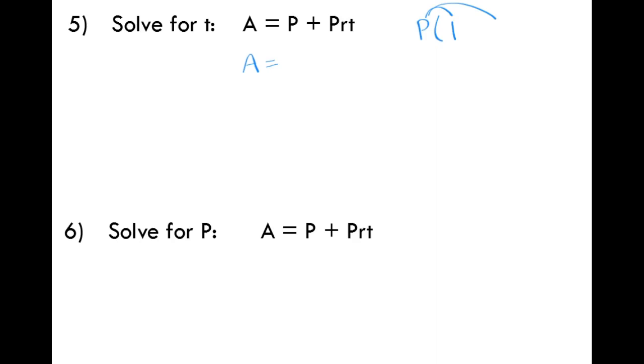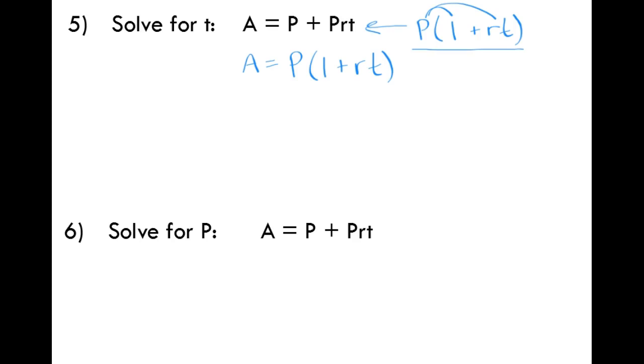Well, P times RT is PRT. So it must have been multiplied by RT. So you can see, if I distribute that, I get back to this. So what I want to do is rewrite it like that. And that's going to make it easier to get rid of the things I need to get rid of.